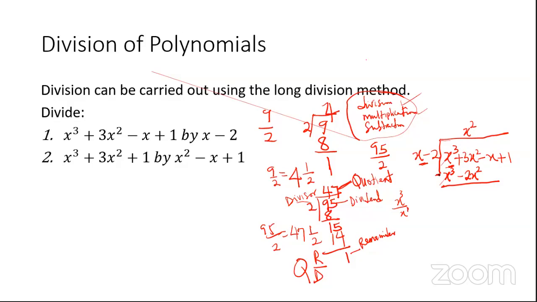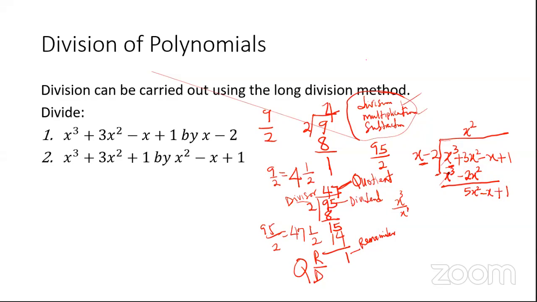Now 3x squared minus minus 2x squared, that will be plus 3 plus 2, which gives us 5x squared. You can see the other ones do not have a term, so just transfer them down: minus x plus 1.